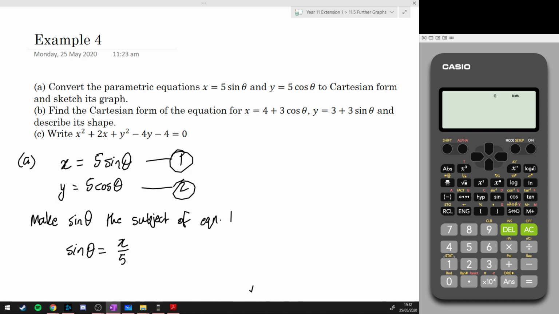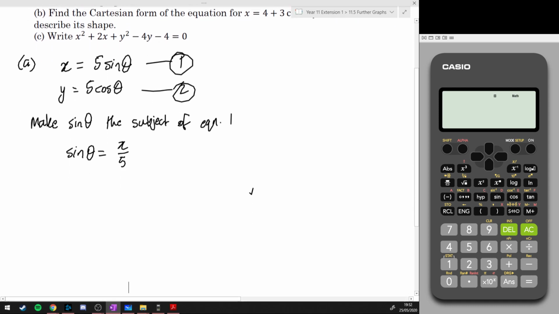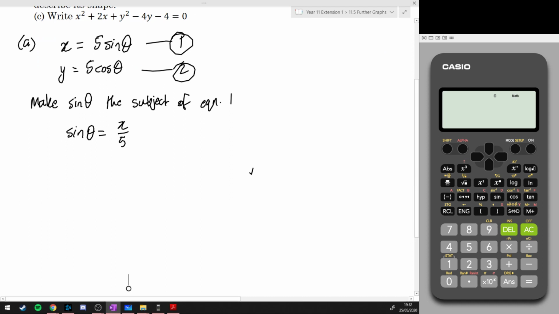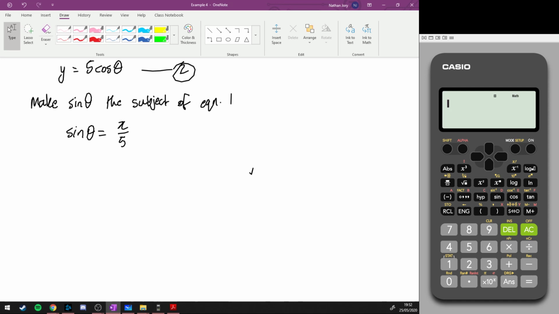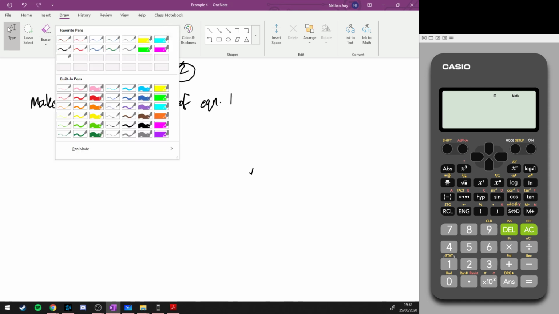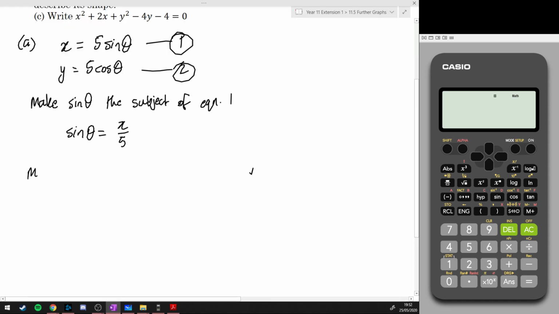What we're going to do is also make cos theta the subject of equation 2.